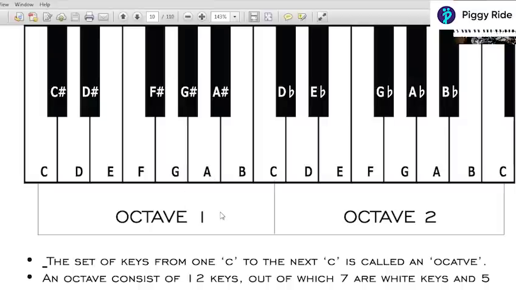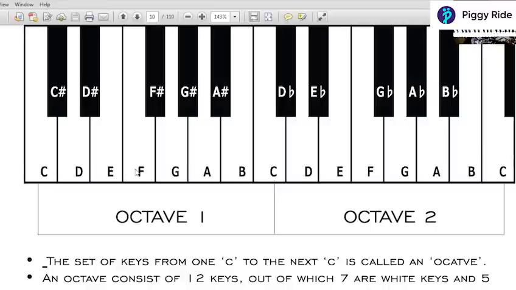I will take a very easy example for the octave. This is the C octave, in the beginning. How will you count the C octave? C to C. So C, D, E, F, G, A, B, C. There are 7 keys, and I will count C as a common note, as one key.